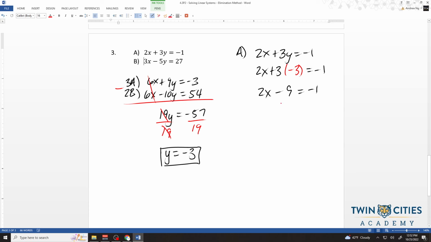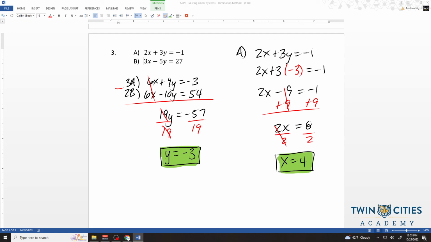Let's add that 9 to both sides. 2x equals positive 8. And finally, divide both sides by 2. X equals 4. That means my solution is going to take place at the coordinate 4, negative 3.